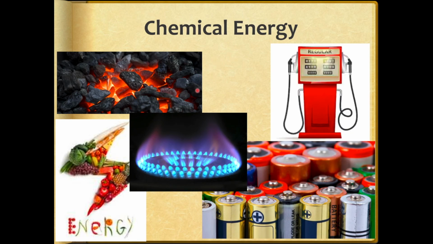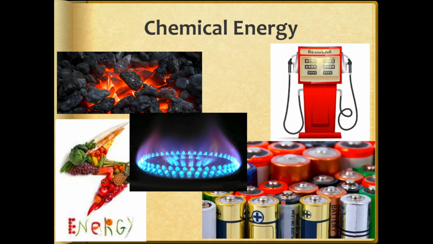So chemical energy is super cool because it's the chemical bonds. Now, the energy stored in the coal right here and its energy density can be released in the form of heat. You can also do a similar thing with gasoline. That's how your engine is able to move. There's chemical energy in the gas.